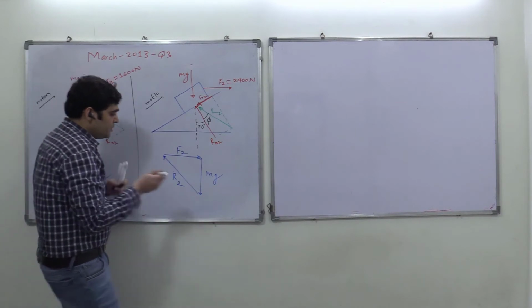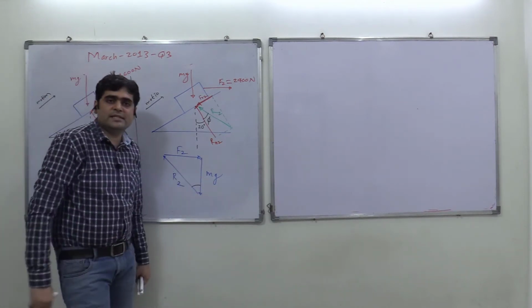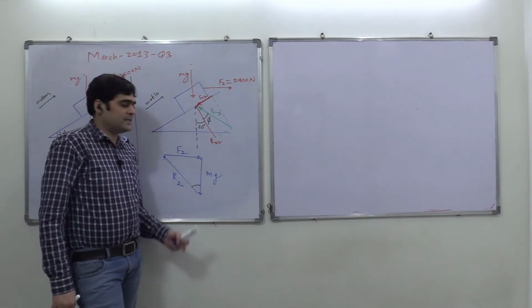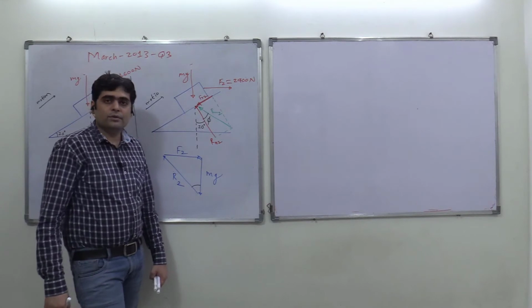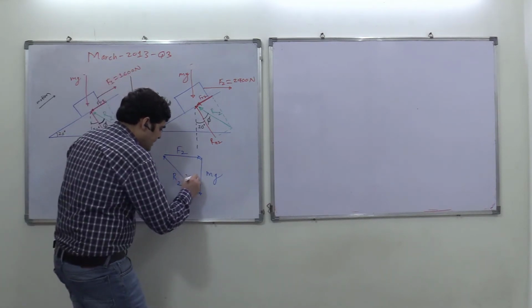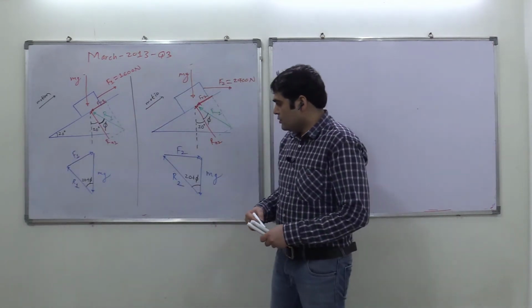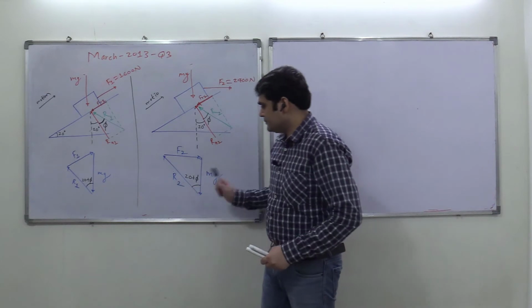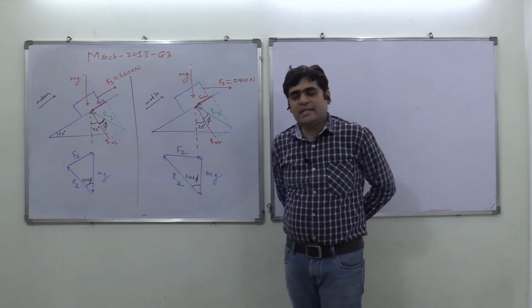Now what is the angle between R2 and mg in this scenario? Okay, 20 plus phi. See the point here. I am discussing very, very important points with you. Now, observe both the drawings here. What is common between both the drawings here? What are the common things in both the drawings?